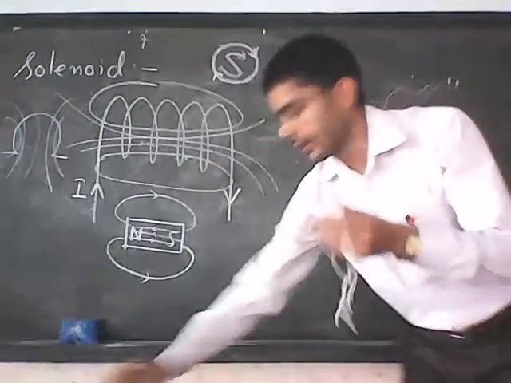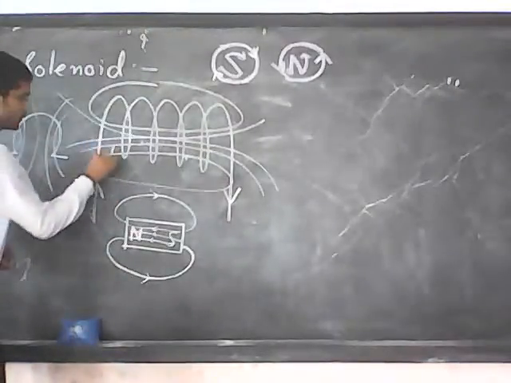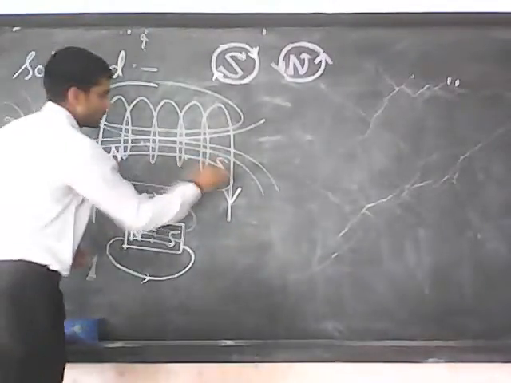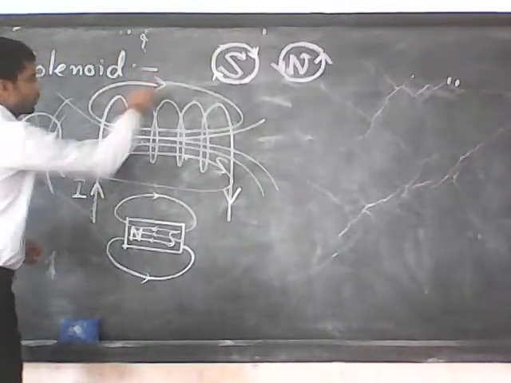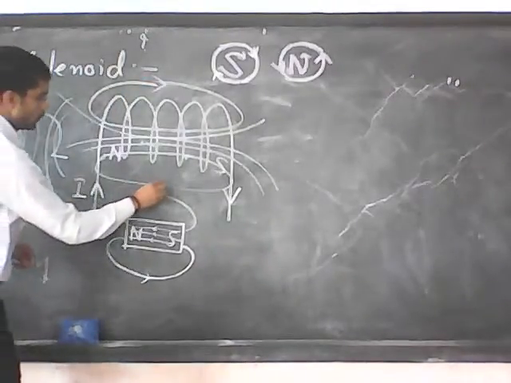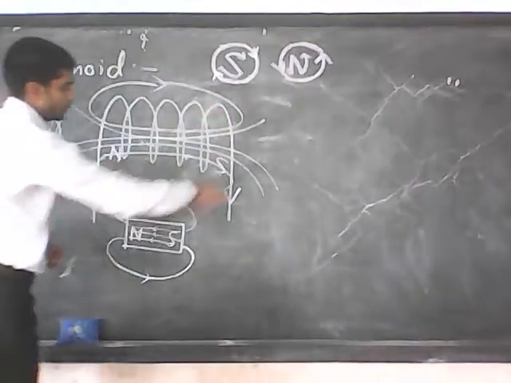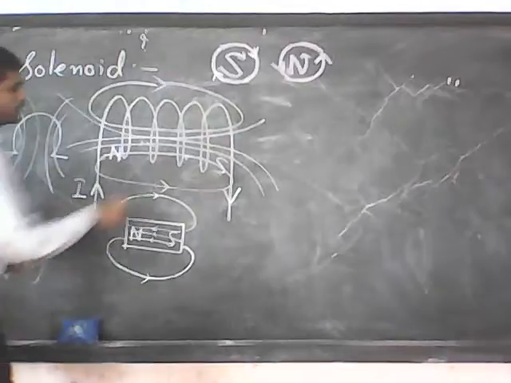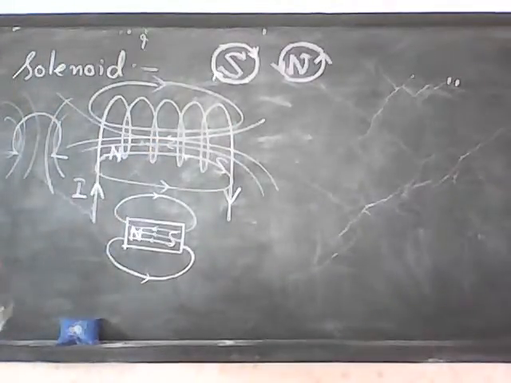So what then? How can we show that? If this is the North Pole and this is the South Pole, the direction you can observe will be this one. The direction of magnetic field will be this one, and inside it will be south to north.